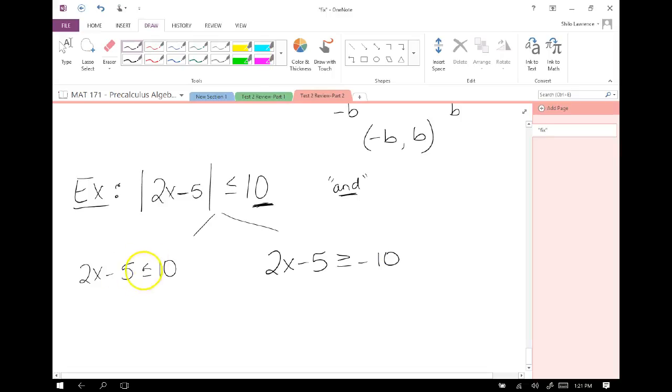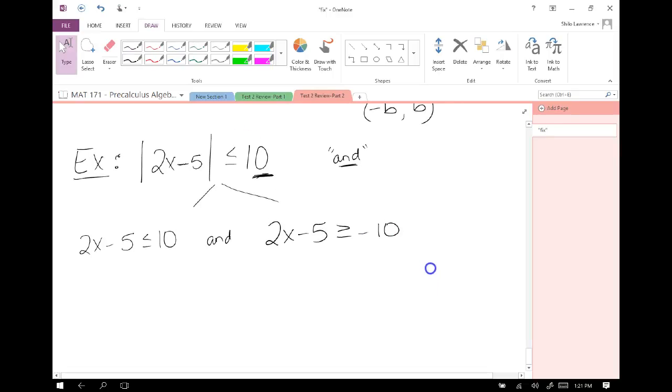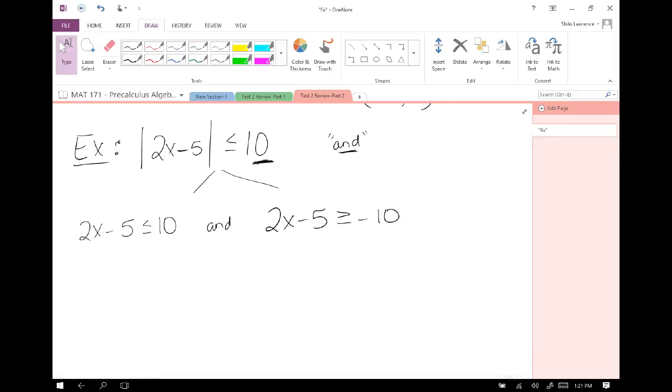So 2x minus 5 is less than or equal to 10, and 2x minus 5 is greater than or equal to negative 10. And when we solve these, these two intervals are going to meet in the middle, and we're going to have one answer, one interval answer. So now I've just got two linear inequalities to solve. Just use your opposite operations to get x all by itself. So for both of them, we're going to add the 5 over.